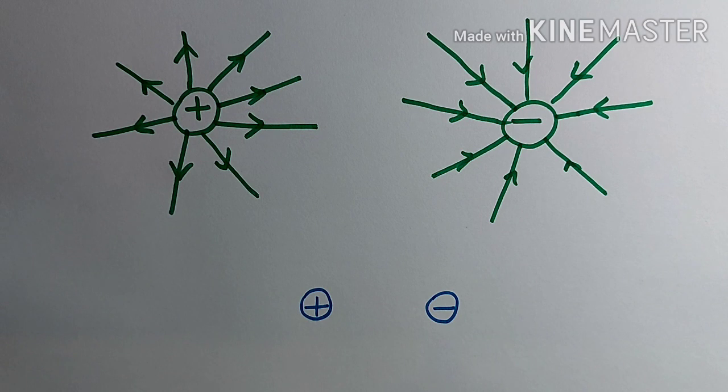Again I am saying these are pictorial representations, or imaginary lines. These are not real. They are used to determine the strength of the electric field at a particular point or the direction of the electric field at that point.